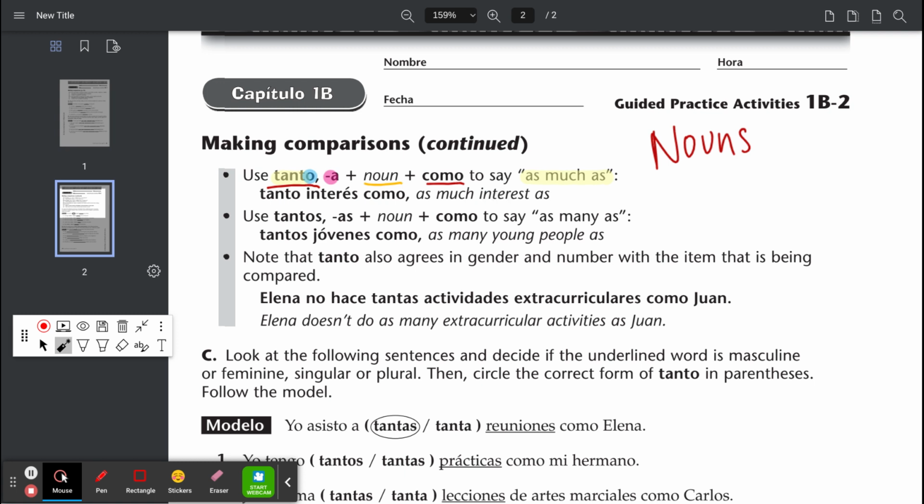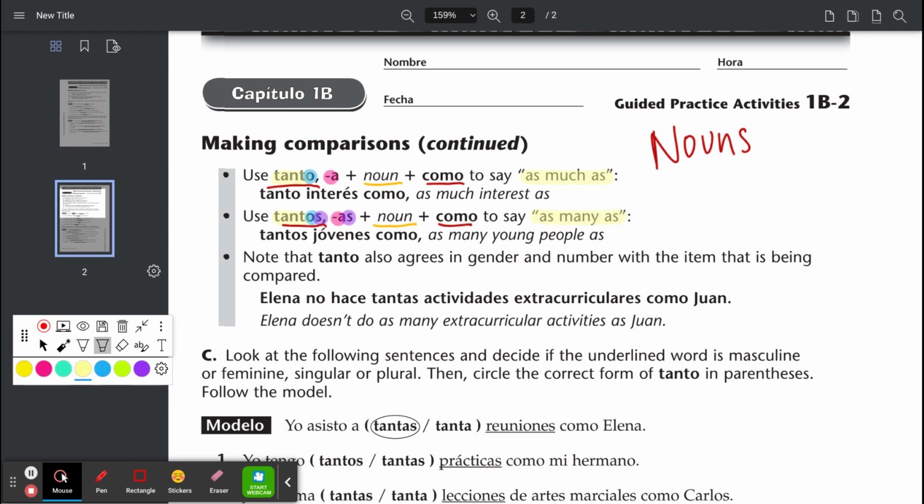Now, if the noun is plural, we have to make sure that we use the correct number in agreement. So, for example, if it's tantos, it has to be masculine and plural. If it's tantas, it's feminine and plural. And we add this with the noun plus como to say as many as.